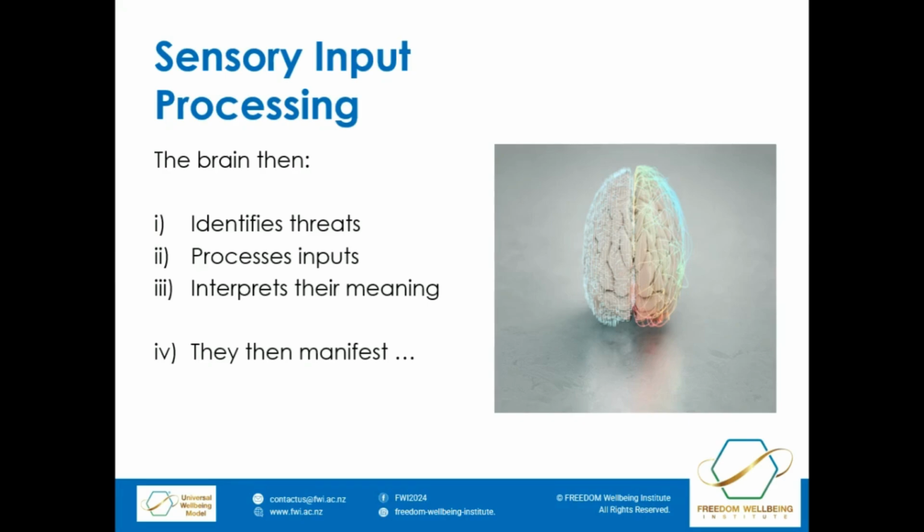Now, if our brain doesn't sense some kind of threat, it still continues to process the inputs that come in, and it starts to interpret what these things we're seeing, hearing, smelling, tasting and touching actually mean for us. So for example, we might enter a restaurant and hear lovely music, smell beautiful smells.